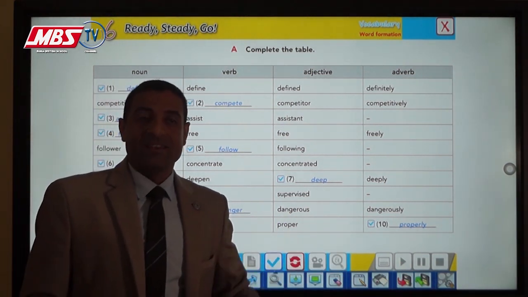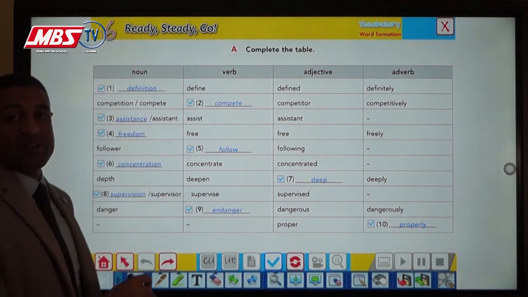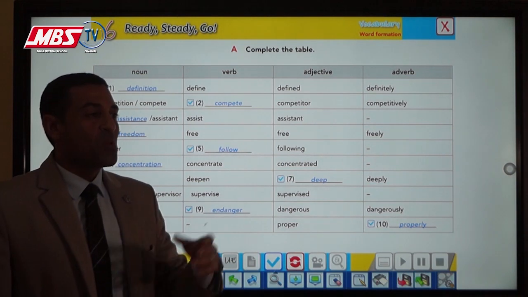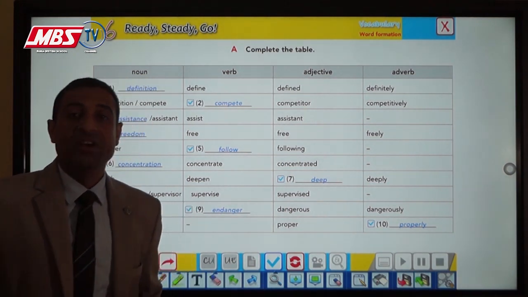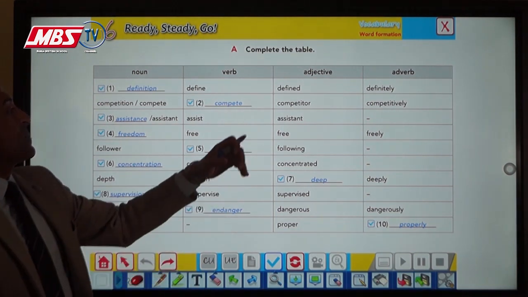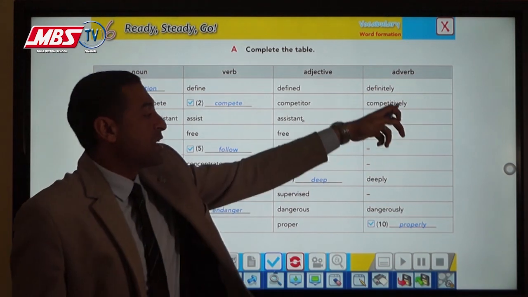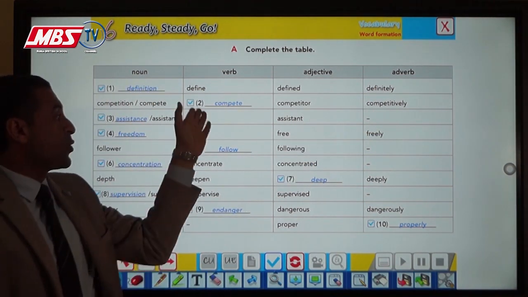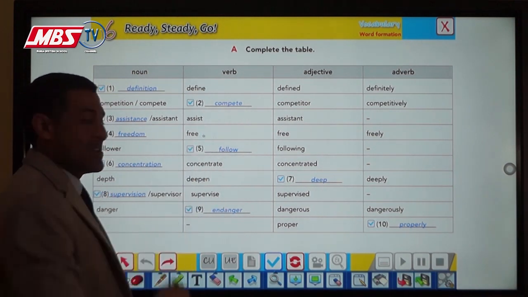For example, my assistant is a good teacher. But here, I cannot work without your assistance. So the adjective as well is assistant, and the adverb, we don't have an adverb form for this word. And we have the verb free.